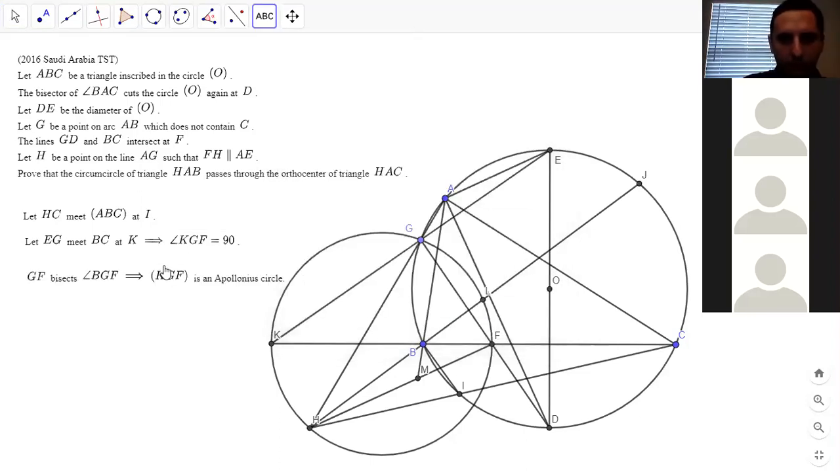Okay, and then we can try to show that GKHF is cyclic. So actually, I'll start out.